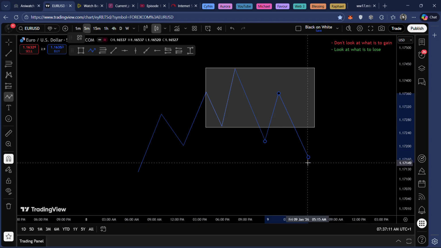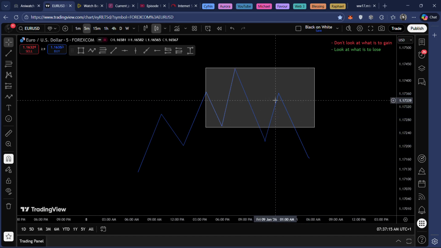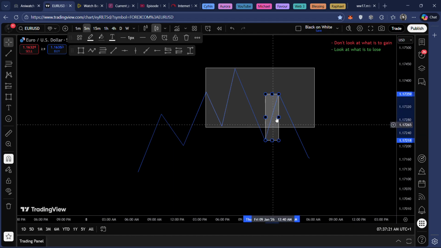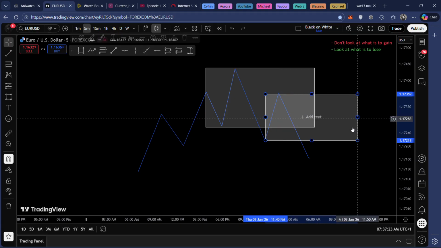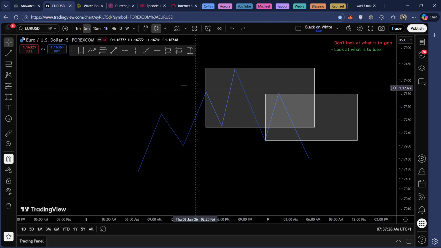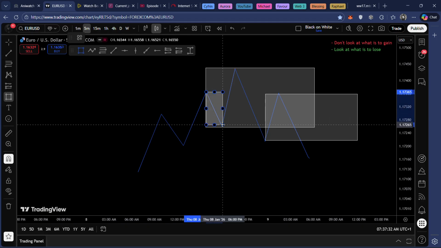Now that it has sold, you see that we have an order block to the downside. It actually started with the reversal of the breaker block.